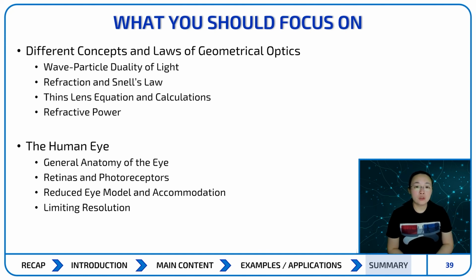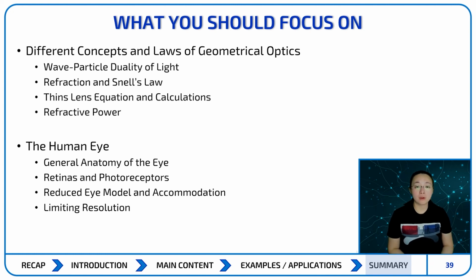In terms of the human eye, we did talk about the general anatomy of the eye, essentially just understand what the 4 different barriers were in order for light to reach the retina, and the fact that we are able to combine all of those barriers into one thin lens with one combined refractive power, and that model is called the reduced eye model.